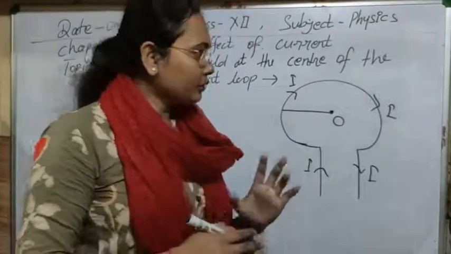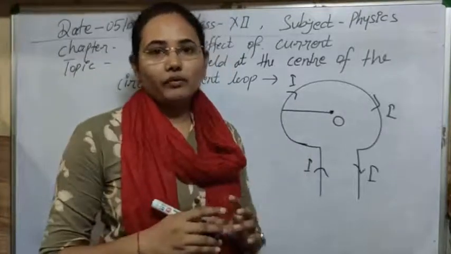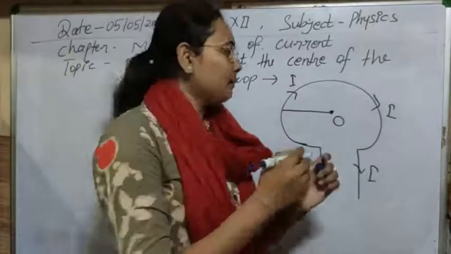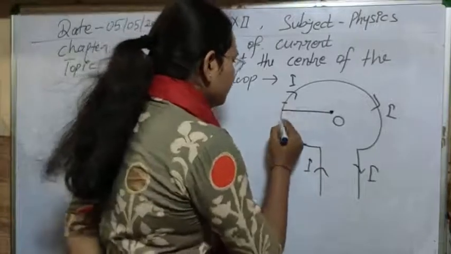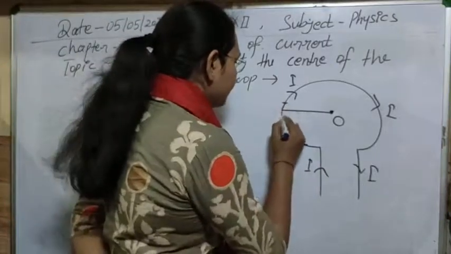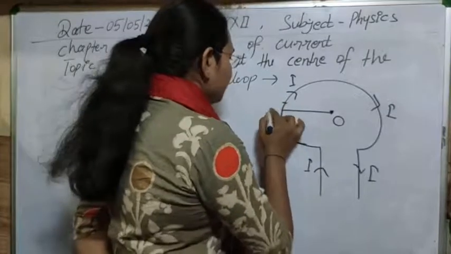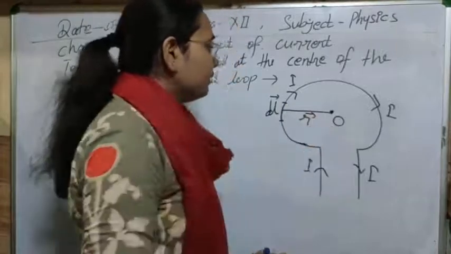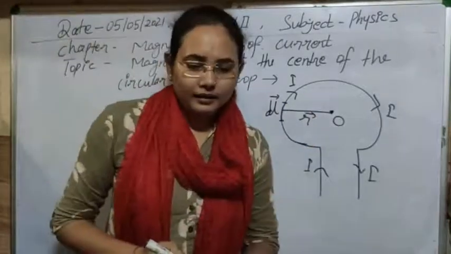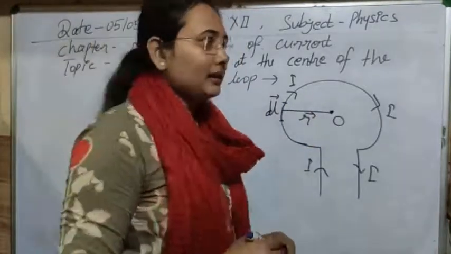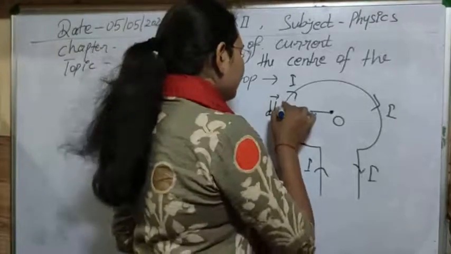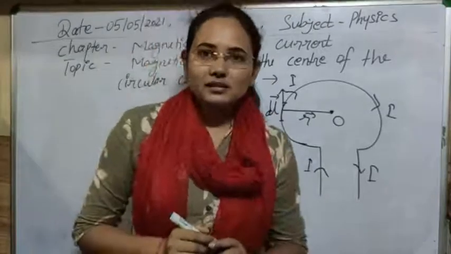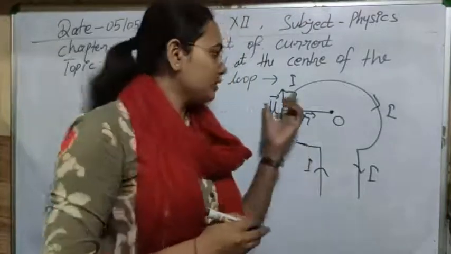First of all, you know that to apply the law we need a current element. So suppose we select this element as the current element. This is our dl, and this is the position vector r. The direction of the current element is along the tangent of this circular loop.